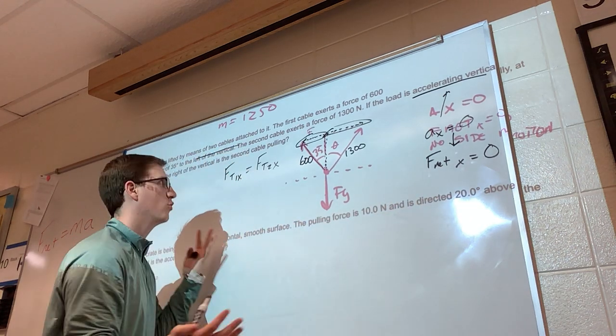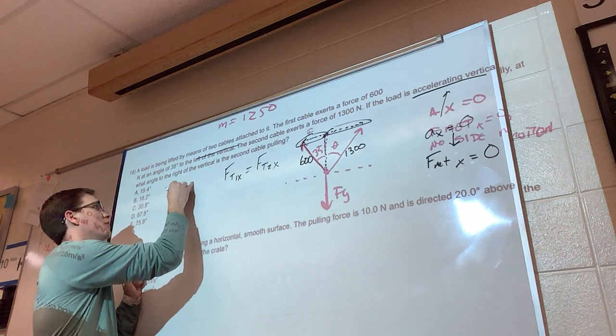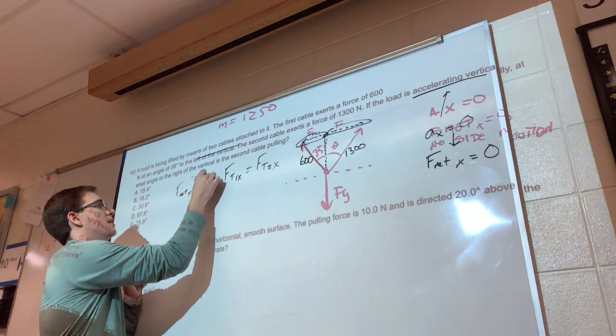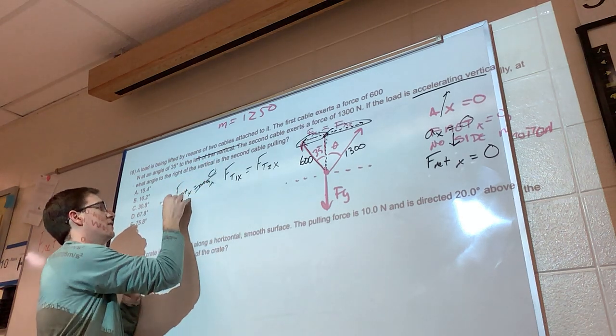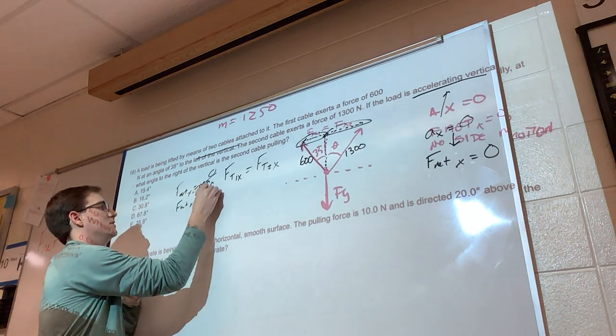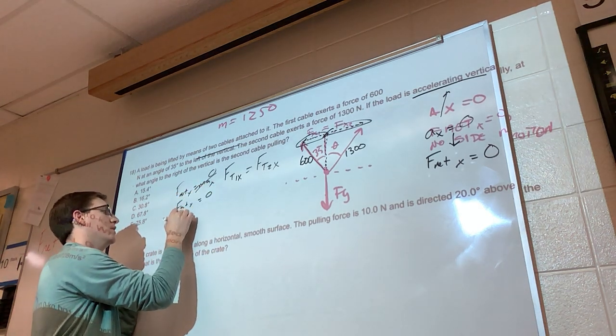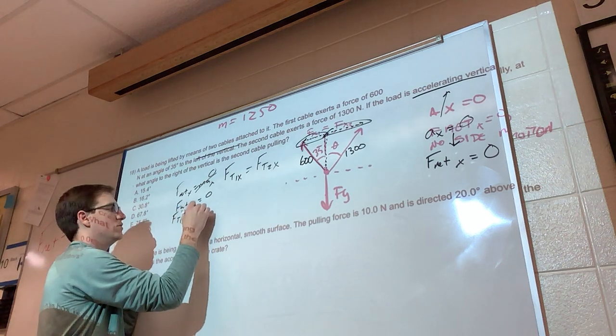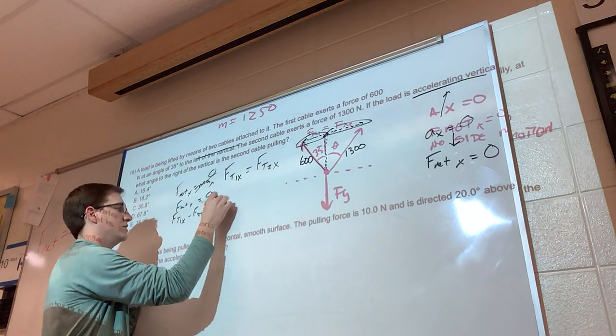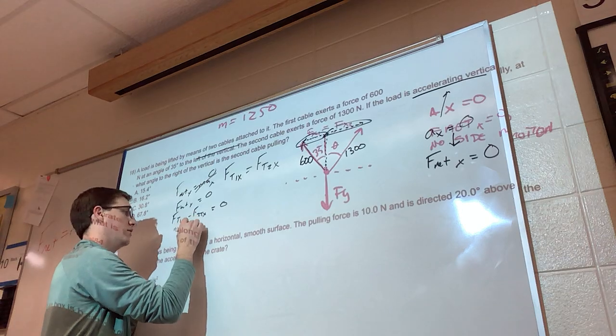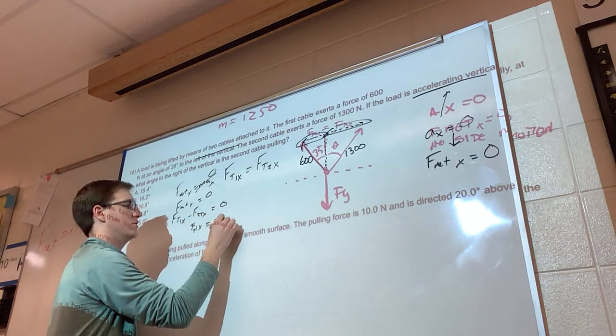So the formal proper way would have been for me to start with Fnet x equals max, but then there's no winner there, so Fnet x equals 0. Fnet x is ft1x minus ft2x equals 0. Ft1x equals ft2x.